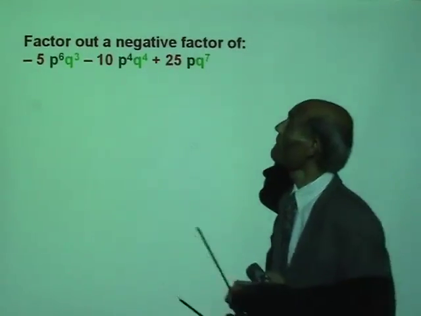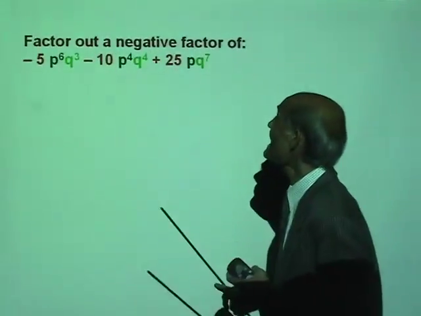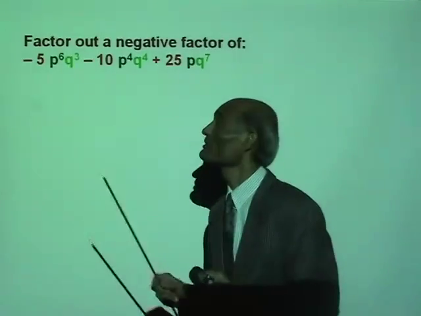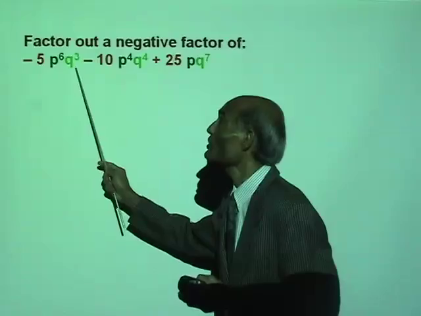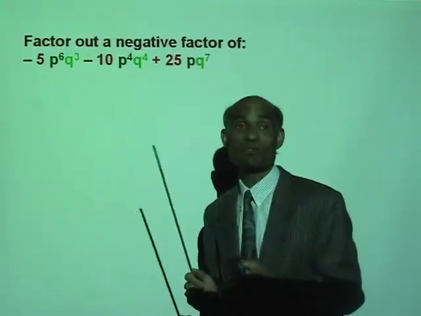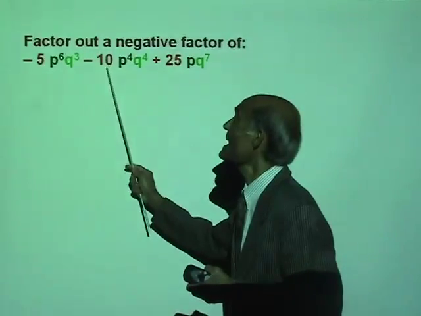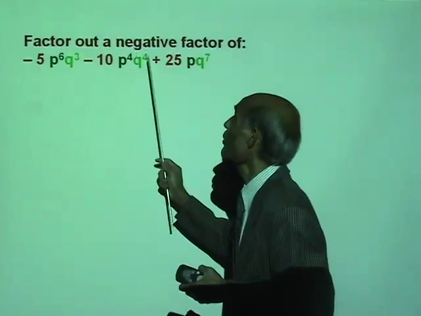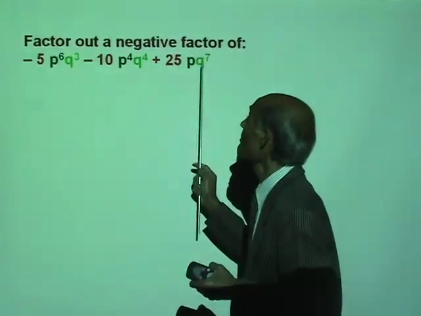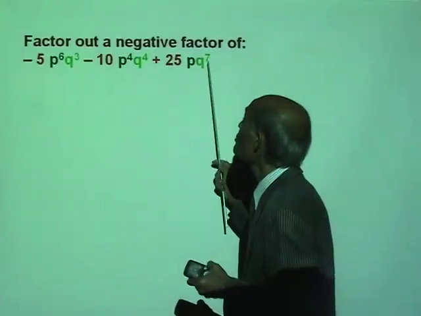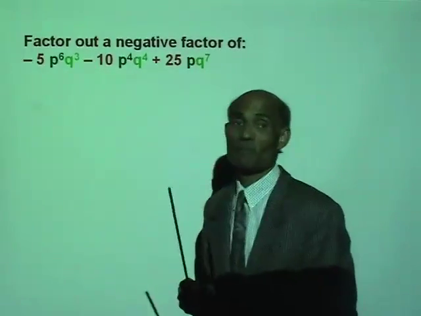Another one. Factor out a negative factor of negative 5p to the 6 q to the power of 3 minus 10p to the power of 4 q to the power of 4 plus 25pq to the power 7.